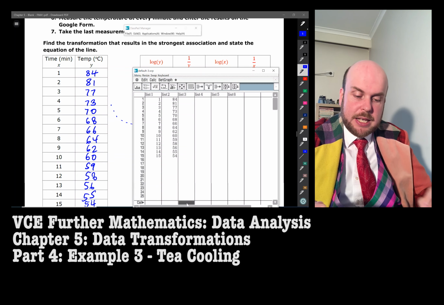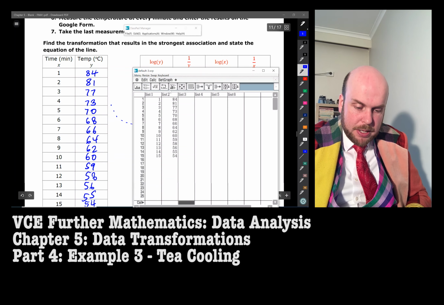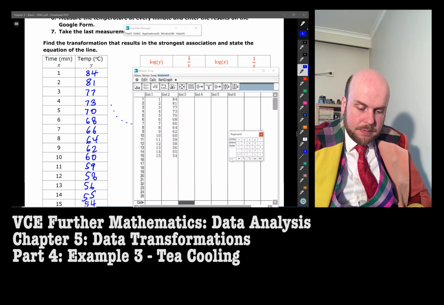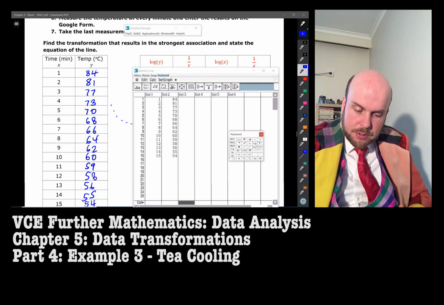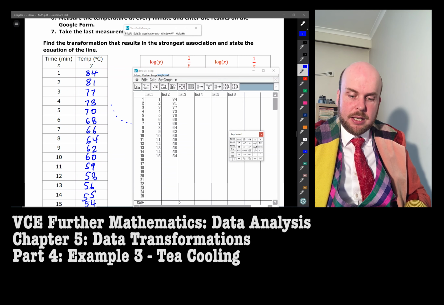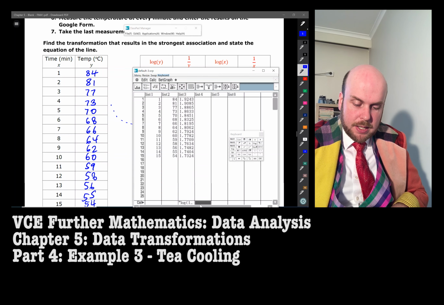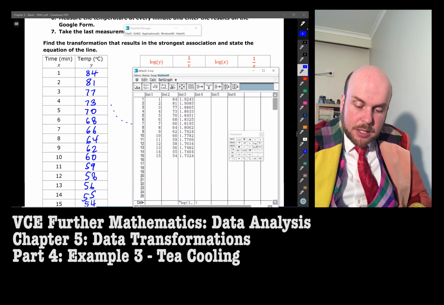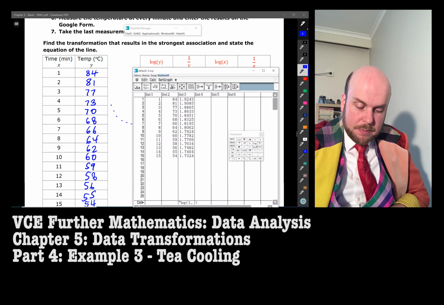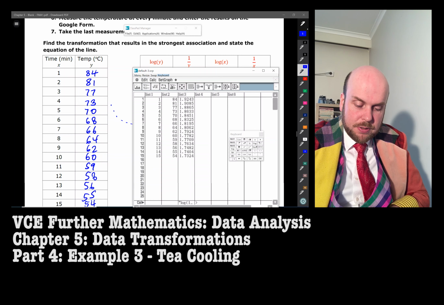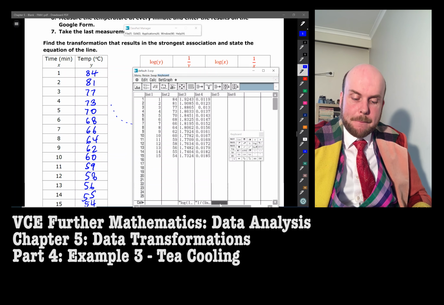So I'm going to put in the instruction. I'm going to get my keyboard out, and under math 1 you'll see log 10 blank. So I've got log 10, and I'm going to put list 2. And then under list 4, I'm going to put 1 divided by brackets list 2, like so.